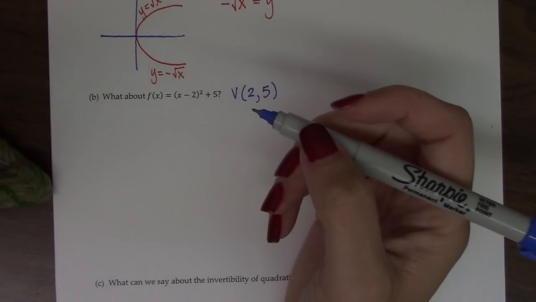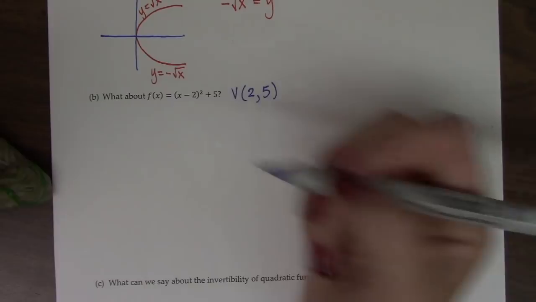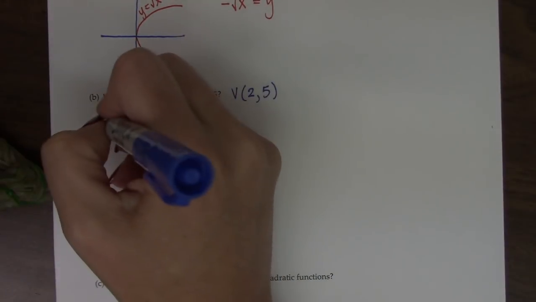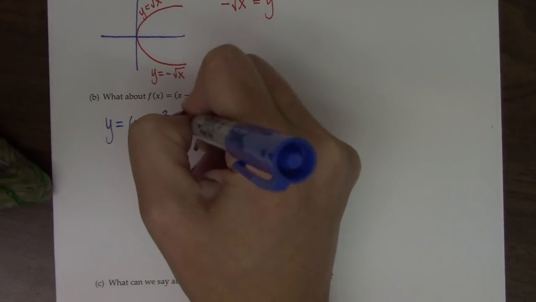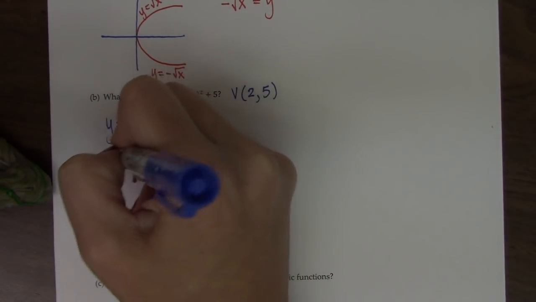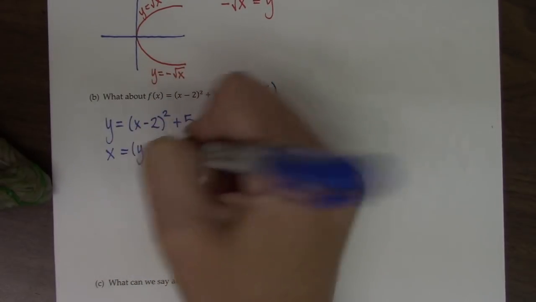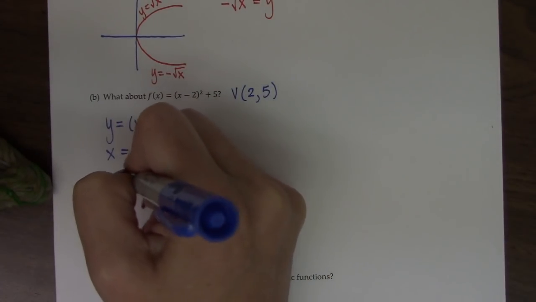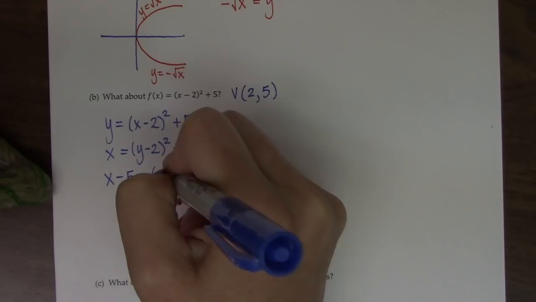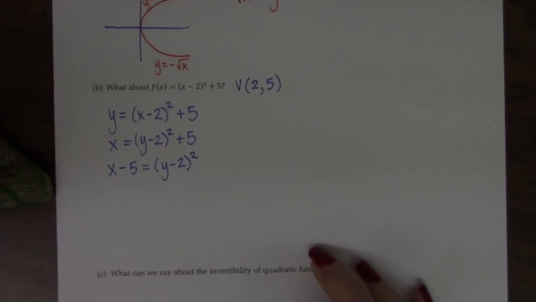We can see how to do that by using our algebra rule to calculate the inverse. First, let's write the equation. Let's switch x and y, and now let's solve this for y. I'm going to subtract 5 from both sides, and then take the square root of both sides.